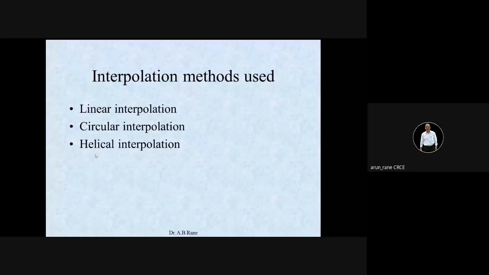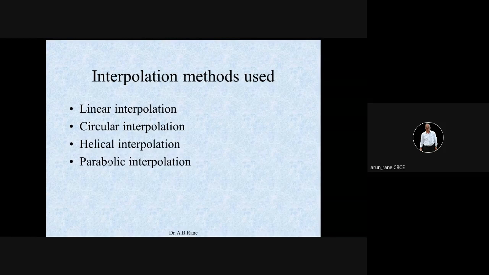Similarly, helical interpolation. In helical, you get a helix. Again, every interpolation is based on a mathematical model. Then parabolic interpolation follows the parabolic mathematical model.